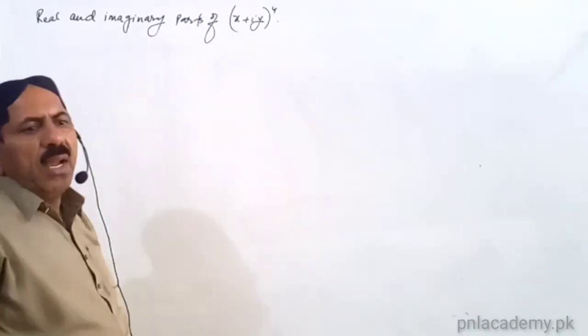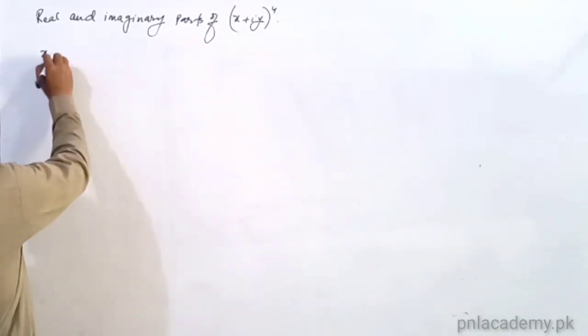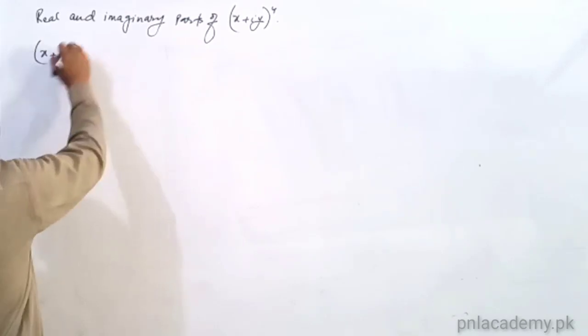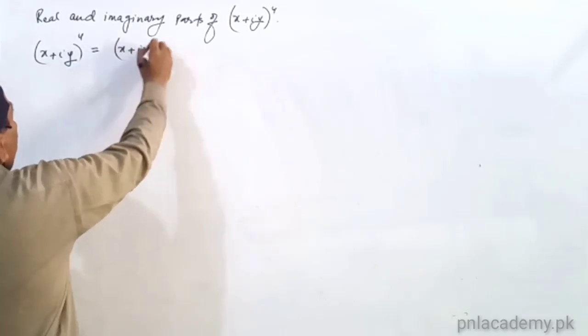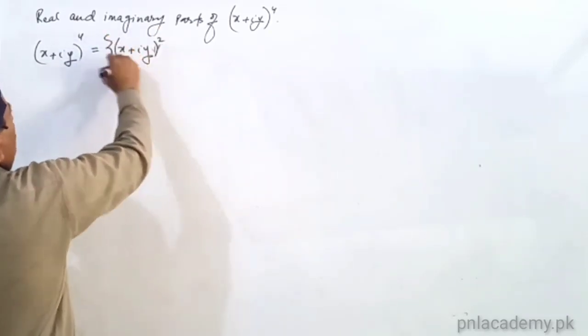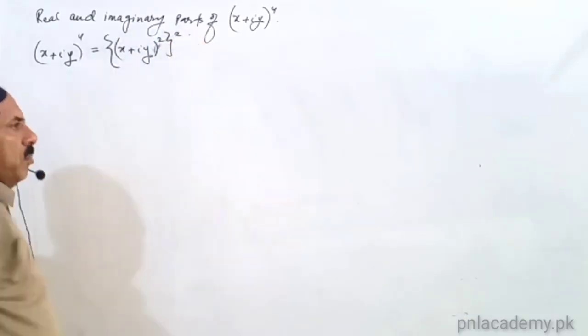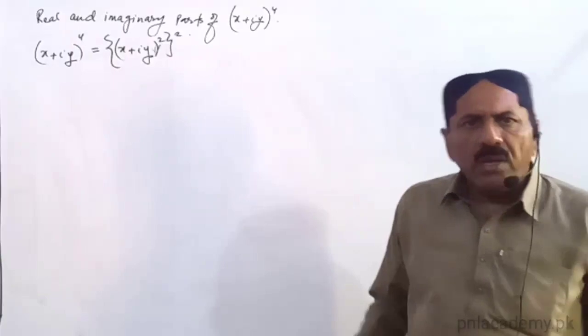Real and imaginary parts of (x + ιy)^4. Similarly, (x + ιy)^4 is equal to ((x + ιy)^2)^2, because we already use (x + ιy)^2 in daily life.